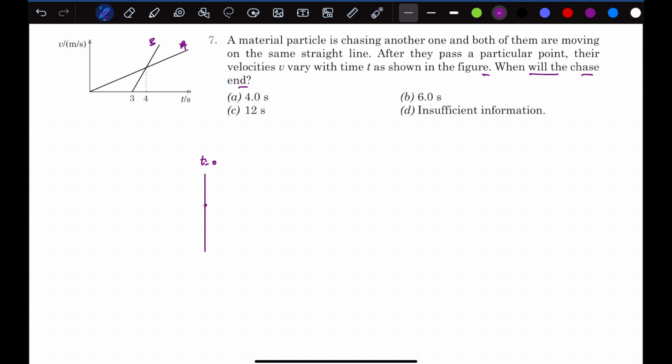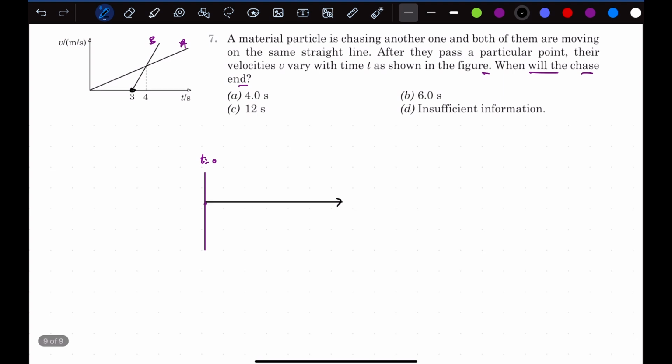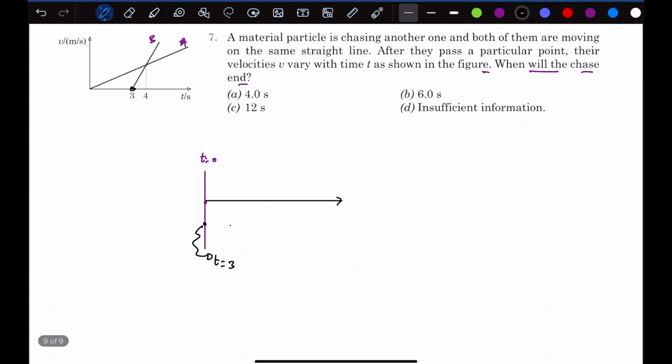And then it is moving, right? And now at t equals 3 seconds, particle B is starting from there with 0 velocity, right? So this is at t equals 3 seconds. It is starting with 0 velocity. All right.